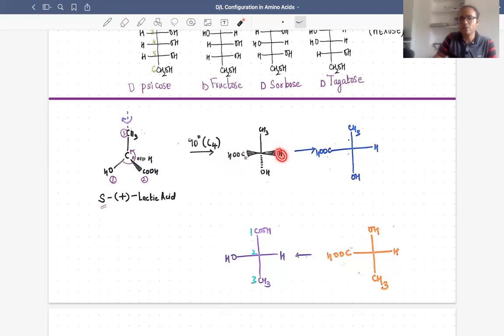Once you reach this configuration, you can directly write the Fischer projection from this. So rather than this arrow symbol, which is a wrong symbol, let me remove this. This structure you can directly convert into the cross formula, which is your Fischer projection formula. So this is your Fischer projection formula.